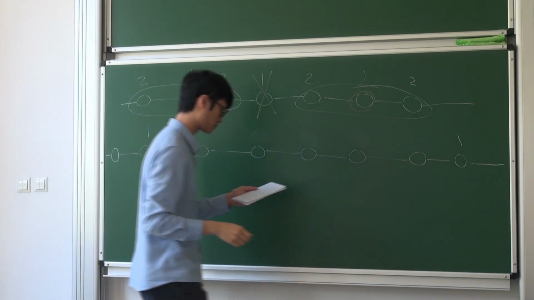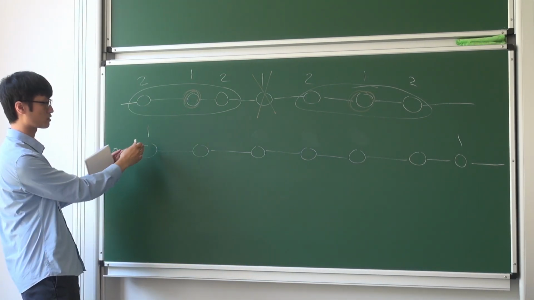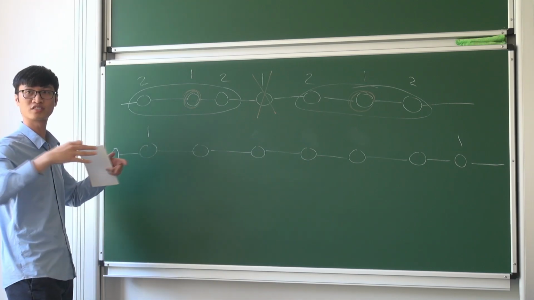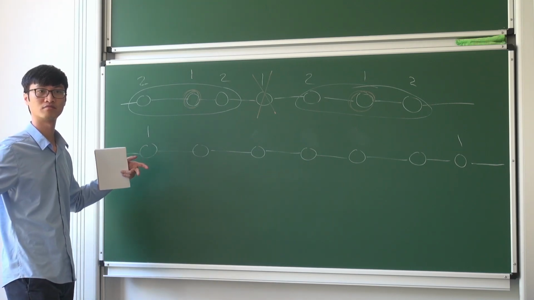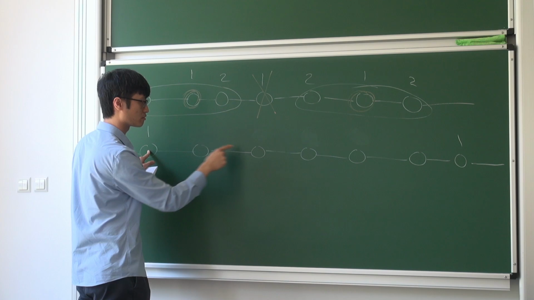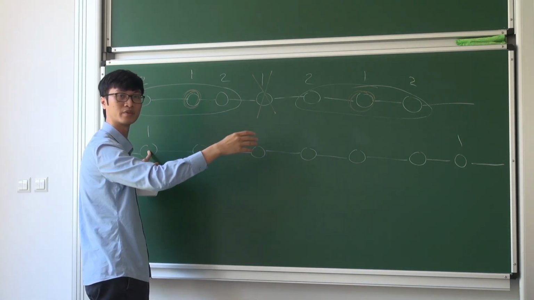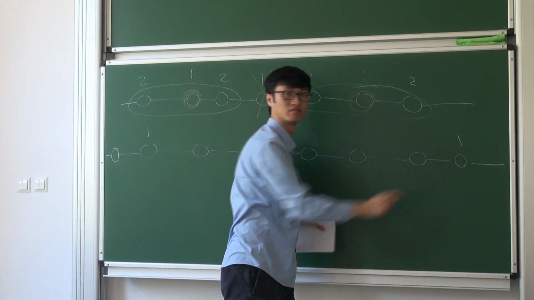Now I want each of these vertices to explore this path. So I will look at the colors of my neighbors until I reach someone colored 1.